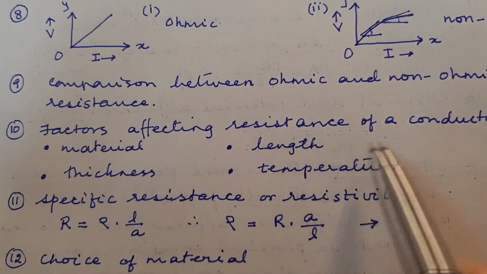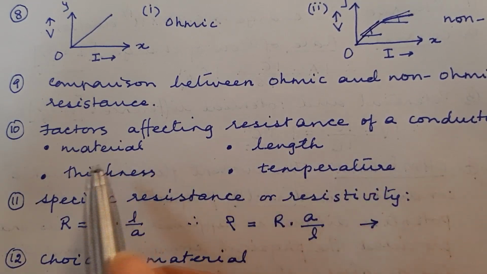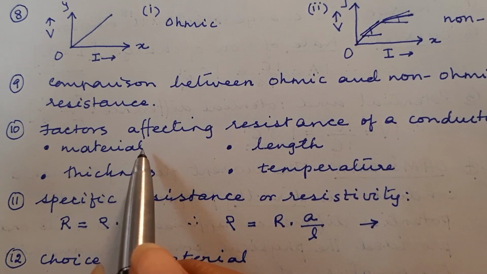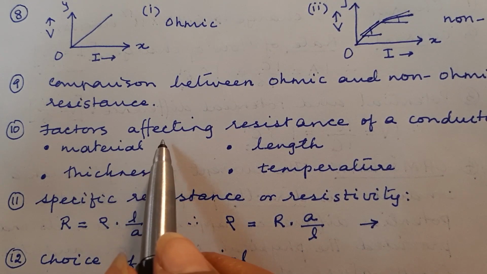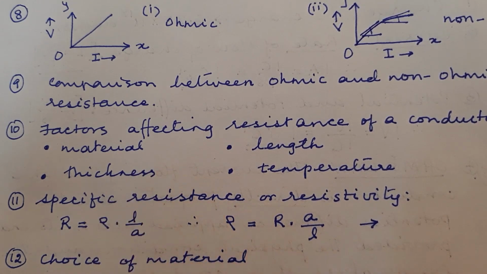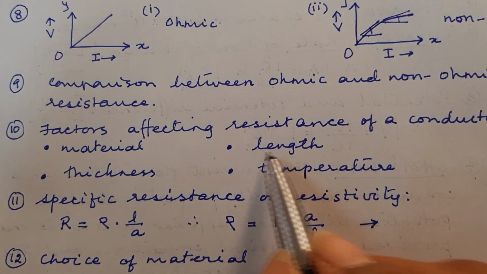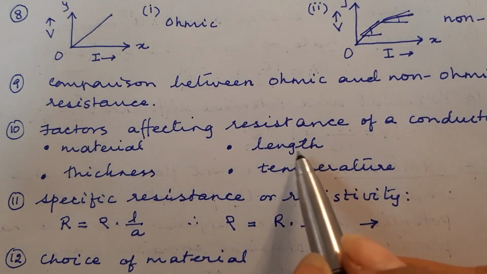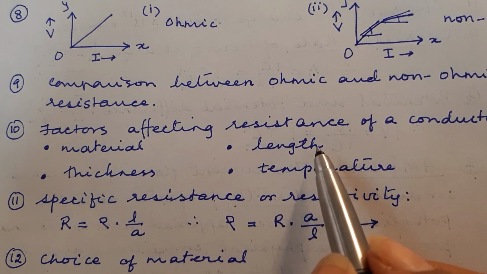Factors affecting resistance of a conductor. Number 1 is material. It depends upon the material, which ones will have more free electrons, which ones will have less. Accordingly, the material will have less resistance or more resistance. We come to length. More the length, more will be the resistance. So resistance is directly proportional to the length.